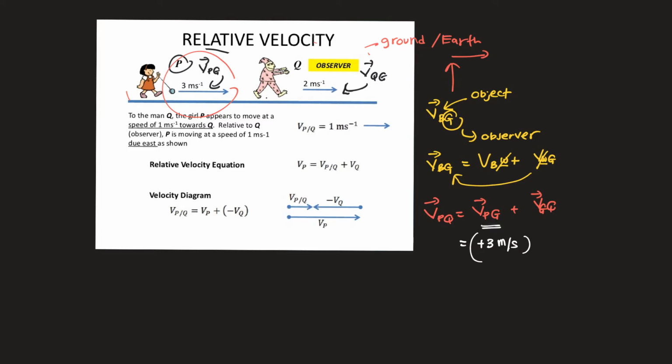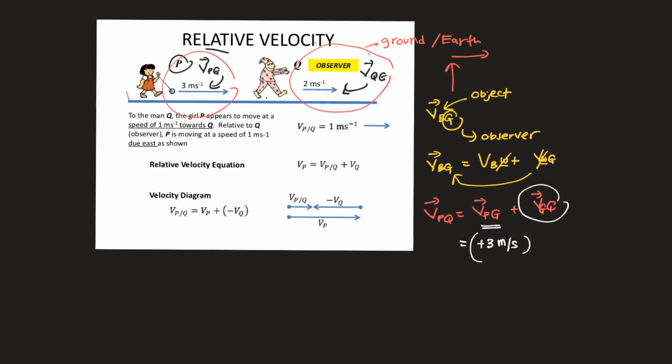In the equations they give you v ground q, which means the velocity of ground with respect to q. However, from the equation itself, you can actually see that the information given is the velocity of q with respect to ground.